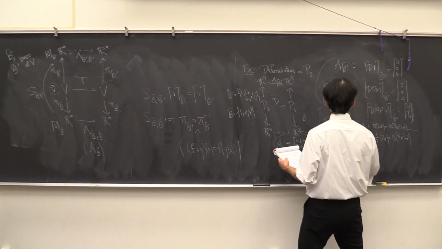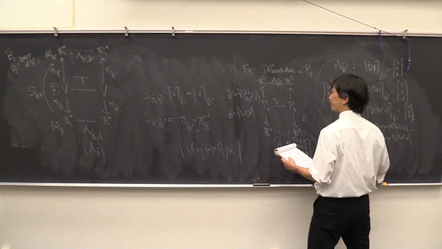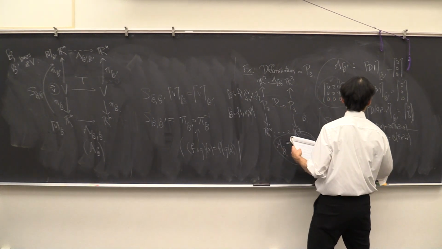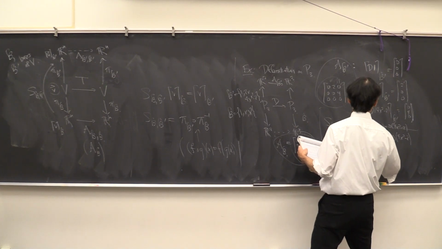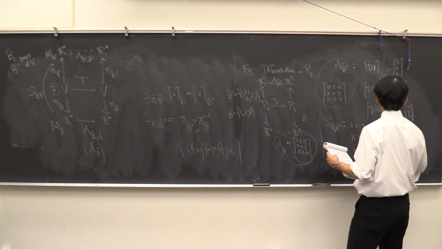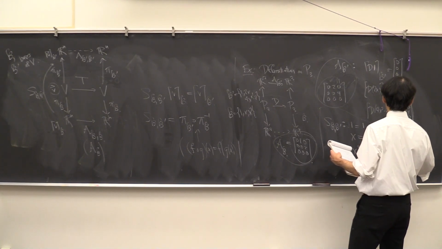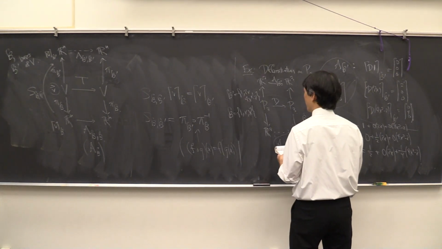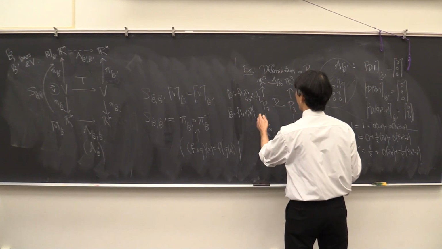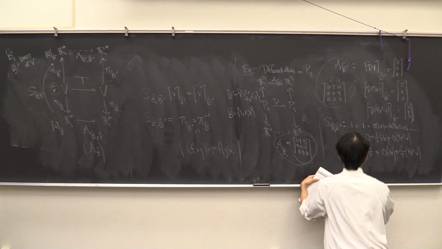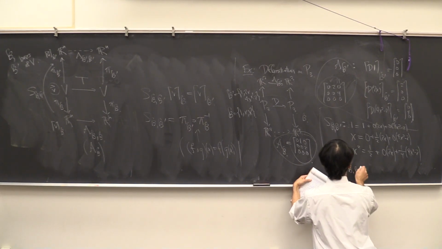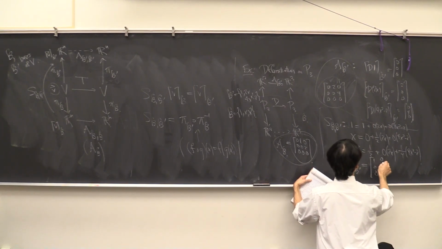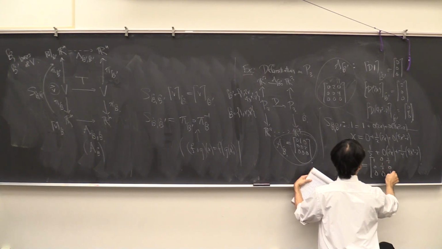And then x squared is going to be 1/2 of the first one plus 0 of the second one plus a quarter of the last one. Right. So going from B to B prime, S of B prime is going to be the matrix 1, 0, 0, 0, 1/2, 0, 1/2, 0, 1/4.